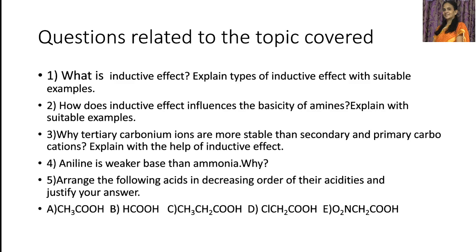And next one is the third question. Why are tertiary carbonium ions more stable than secondary and primary carbocations? Explain with the help of inductive effect. Just now we have discussed this.